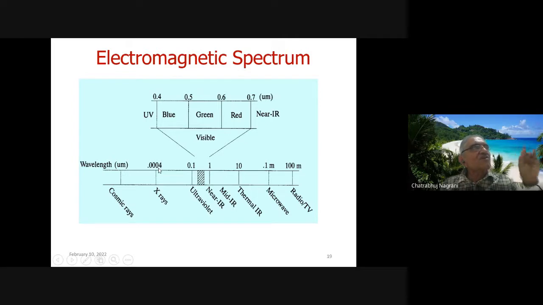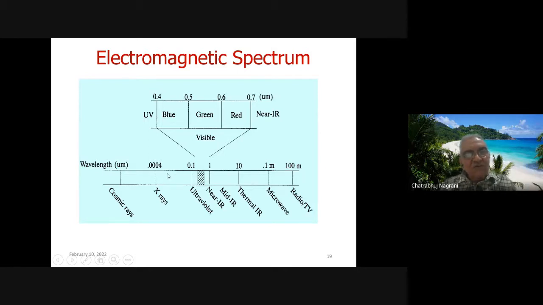Now 1 angstrom is 1 into 10 raised to minus 10 meter, that is 1/10 of a nanometer. So about 4 nanometer X-ray is called soft X-ray, while 1 angstrom X-ray is called hard X-ray. All our medical work mostly uses 1 angstrom type of X-rays.